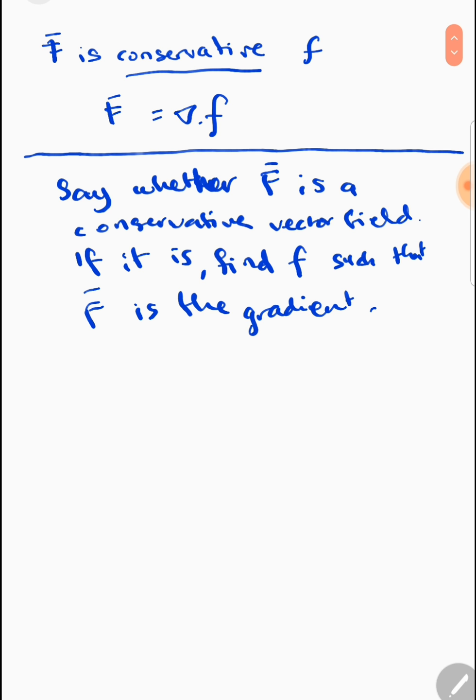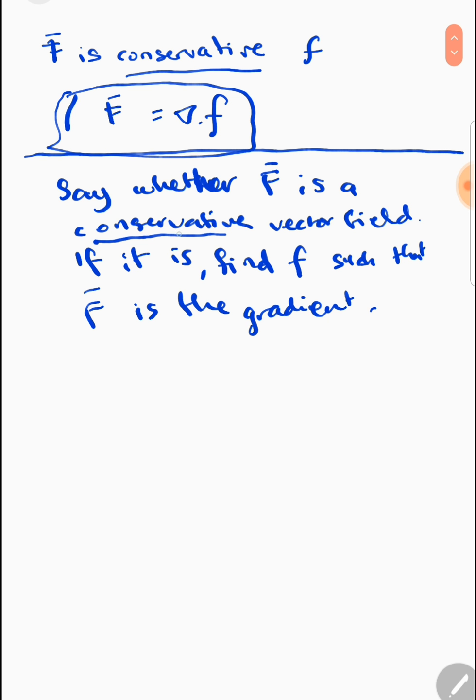Every time you see the word conservative, we need to recall this formula. A conservative vector field basically means that it satisfies this equation, where F bar is equal to nabla of f, the gradient of f. If we look at the question properly, it is divided into two parts.